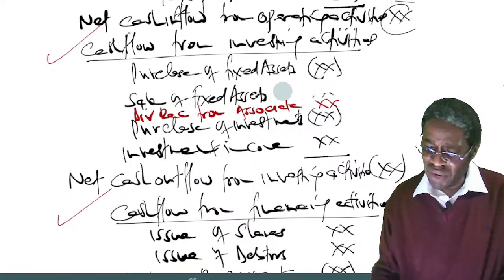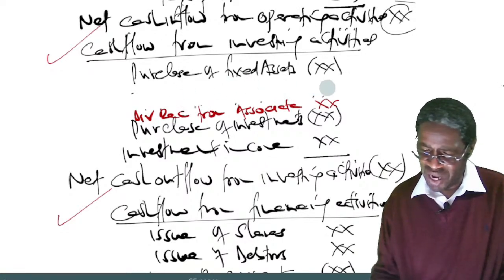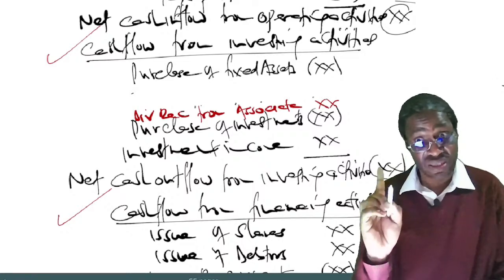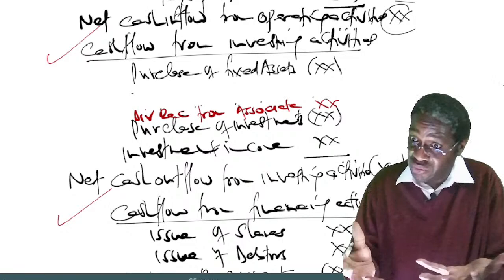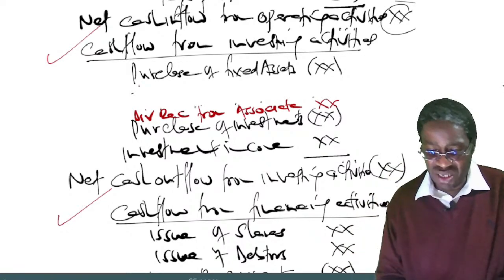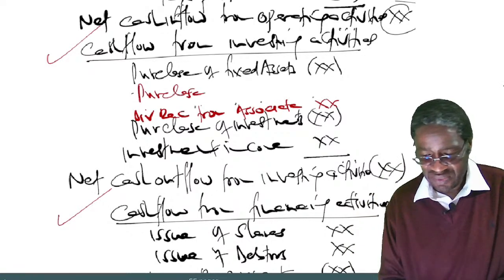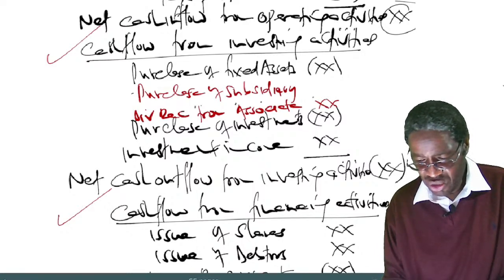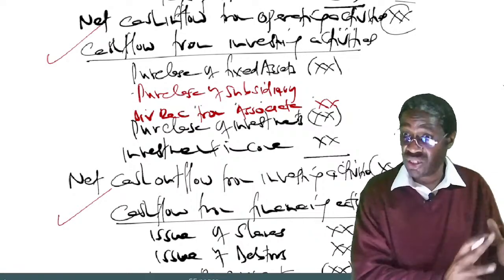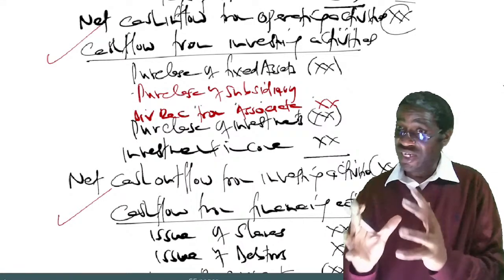So somewhere among the fixed assets or among the investing activities, we are acquiring a subsidiary. A subsidiary is an investment. We should come and say purchase of subsidiary. I want you to listen carefully, because you never had this in financial accounting 1. You never had this in financial reporting.